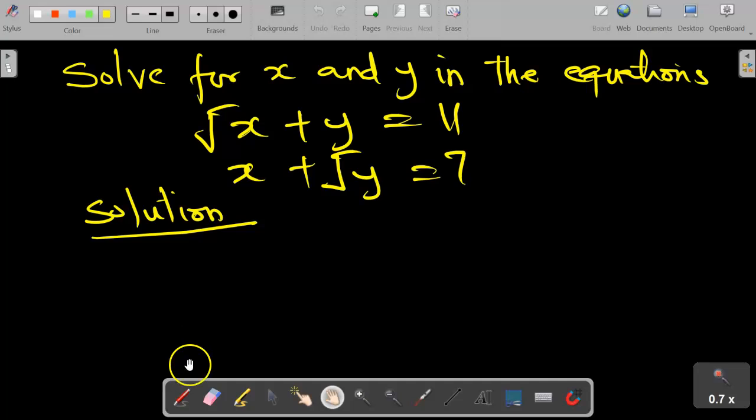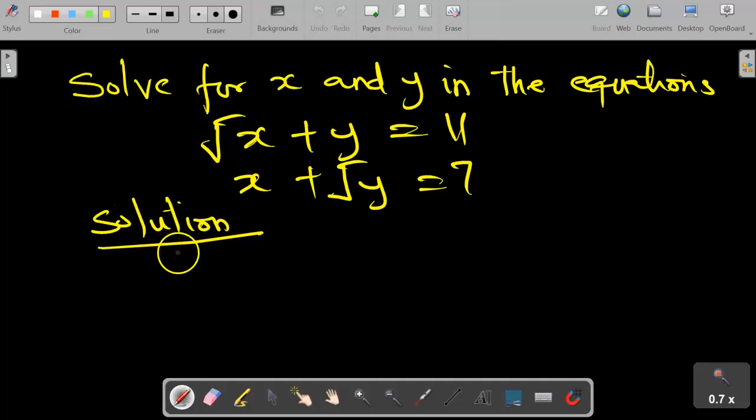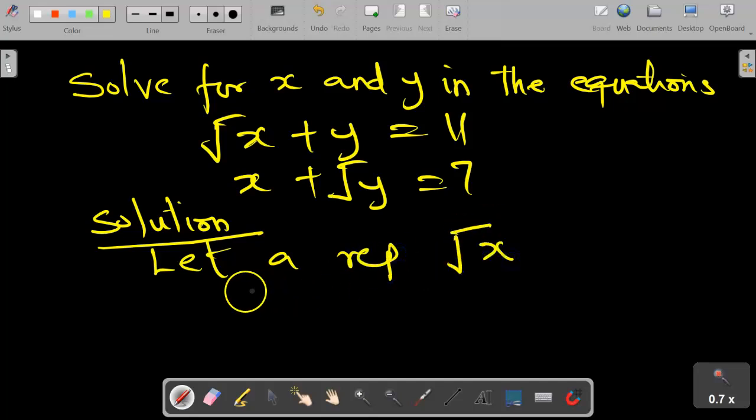The first thing I'm going to do is choose variables to represent root x and root y respectively. I'm going to choose a. So let a represent root x and let b represent root y.